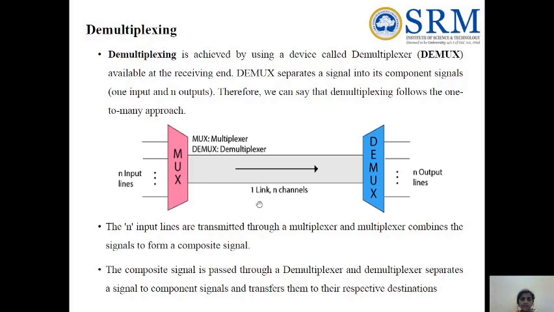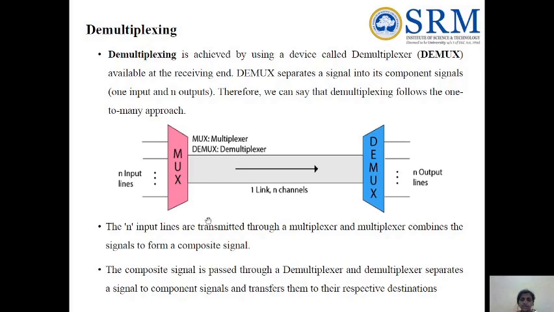In this diagram, you can see that we have a MUX at the source side and a DMUX at the receiver end, and they are connected through a channel. In a MUX, you have n input lines which are combined into a single signal and transmitted over a channel, and in a DMUX, you have a single input which is separated into n output lines, and each of these signals is transmitted to its corresponding destination.